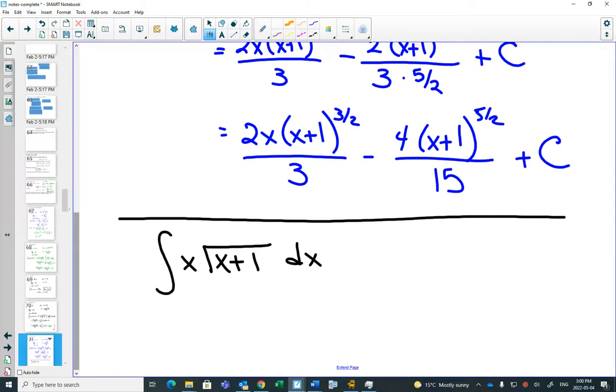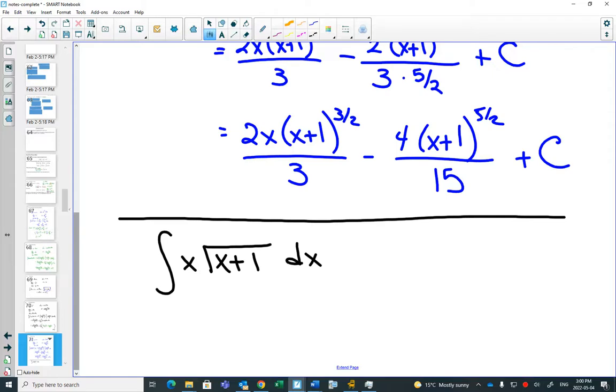Prepare yourself for some mathematical enjoyment. Are you ready? Okay. So, we are going to integrate this, and we are going to use substitution, even though substitution does not appear to work.